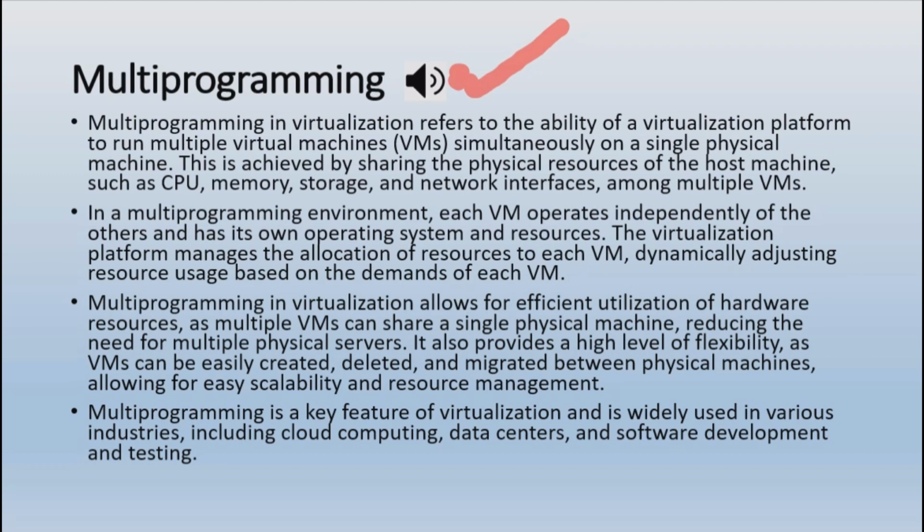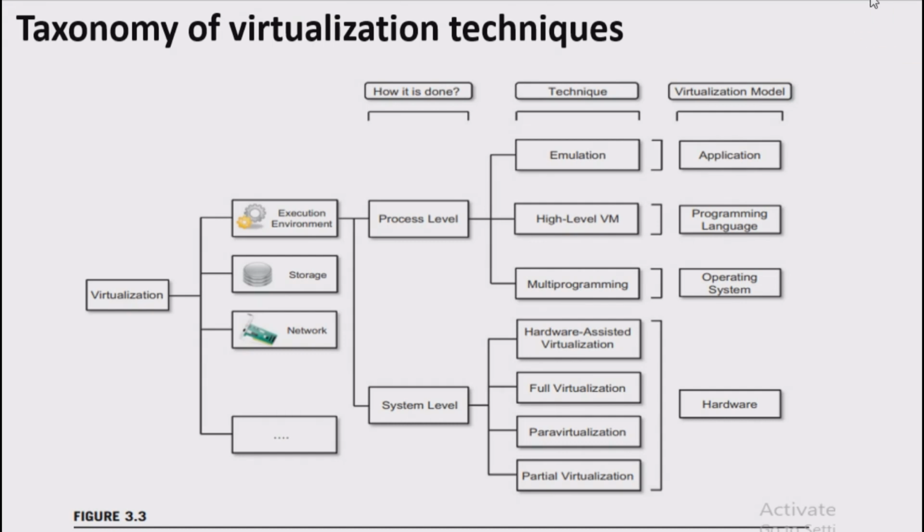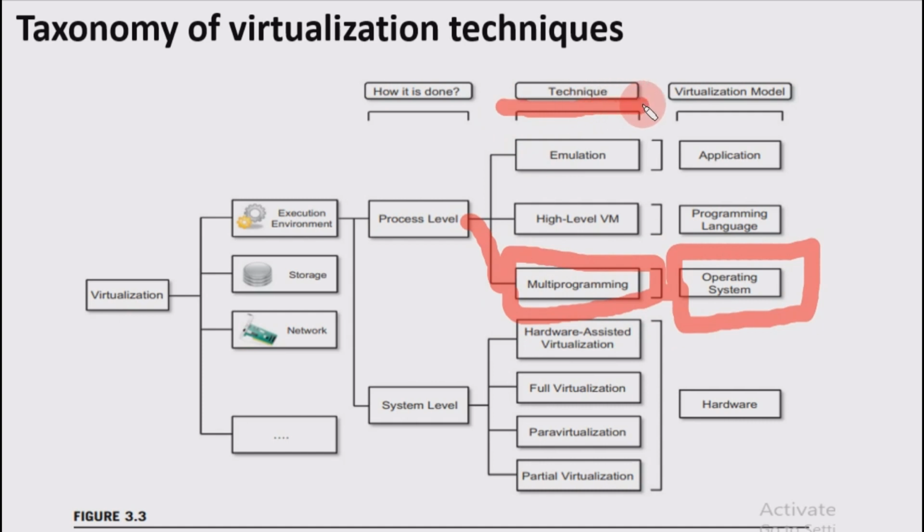The virtual machine manager ensures that each program or application running on the virtual machine has access to the required resources, such as memory and CPU time, without affecting the performance of other programs running on the same virtual machine. This technique is commonly used in cloud computing environments to improve the utilization of computing resources and enhance the overall efficiency of the system.